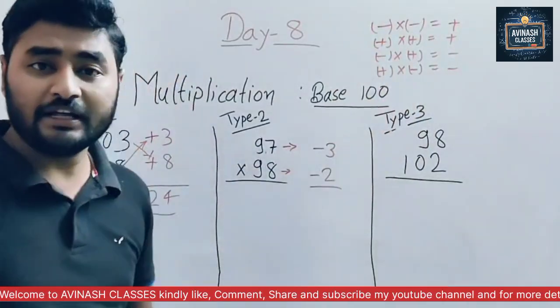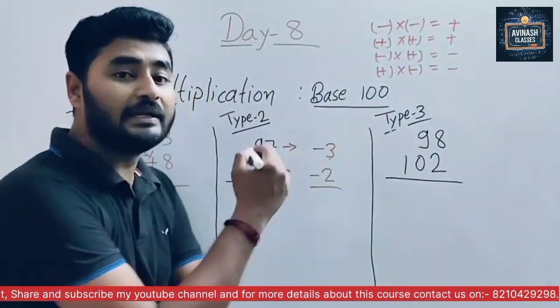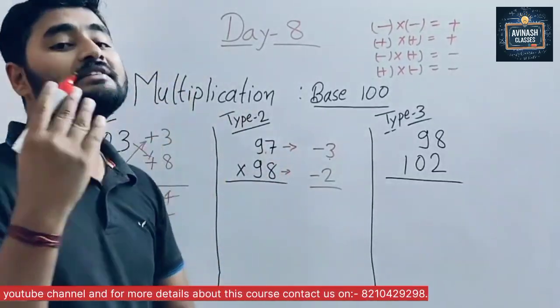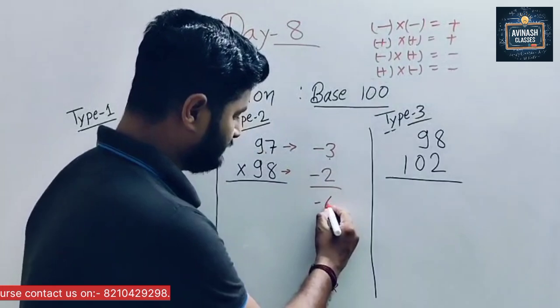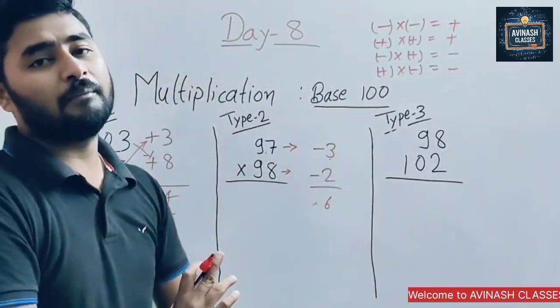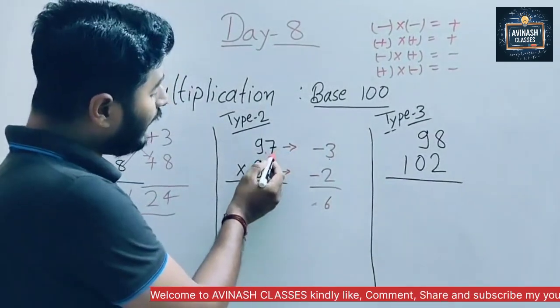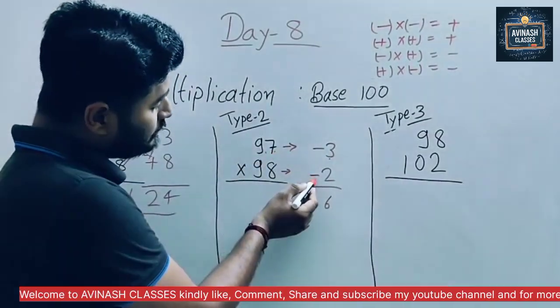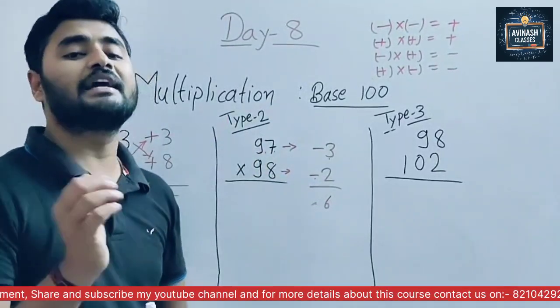This concept we already learned. So negative 3 into negative 2, what do we get? Negative 6. Okay, sorry, positive 6, because negative into negative becomes positive. Correct? Very good.